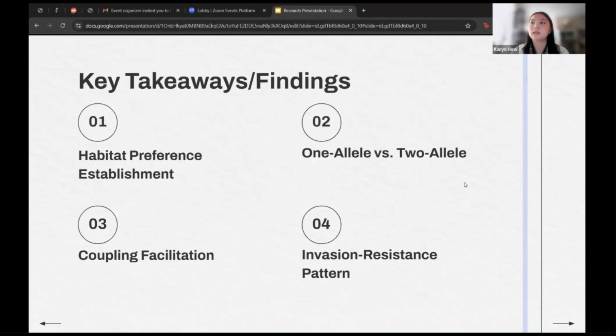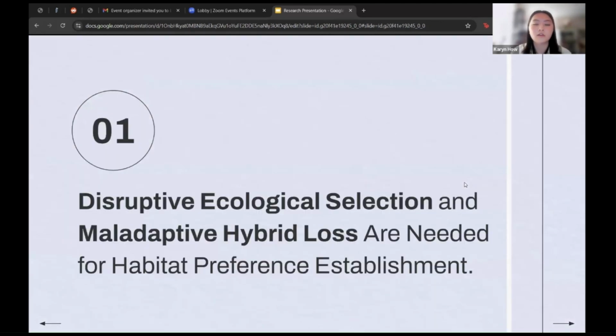So here are some key takeaways that I'm going to discuss that we discovered from our results in regards to habitat preference establishment, one allele versus two allele, coupling facilitation, and invasion resistance pattern. For our first point, we found that disruptive ecological selection and maladaptive hybrid loss are needed for habitat preference establishment.